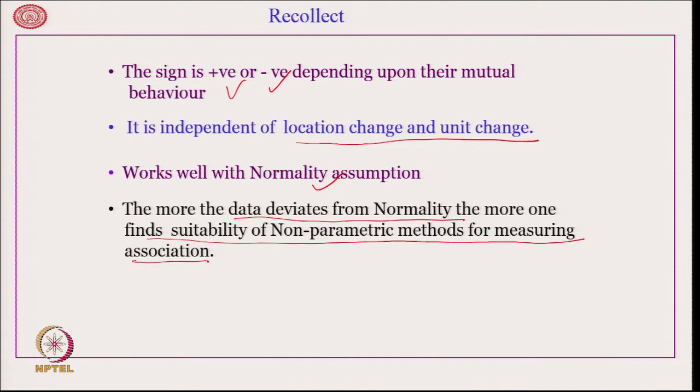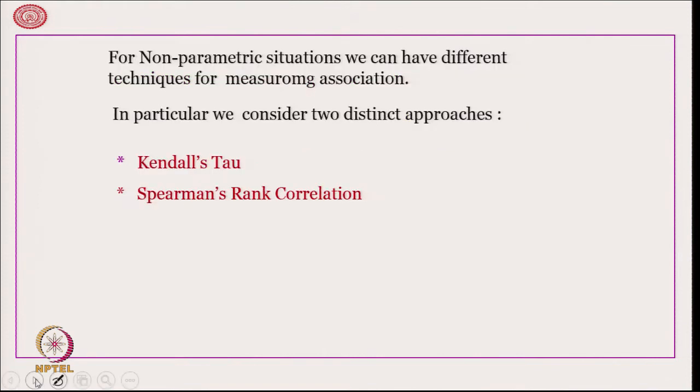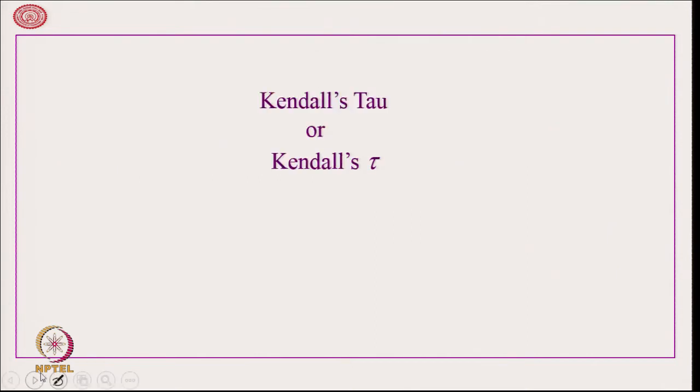That is, if the data is non-normal, then we should look at a non-parametric way of measuring their associations. So, in this class we shall study two important non-parametric tests for association. One is called Kendall's tau and the other Spearman's rank correlation. So, let us first look into Kendall's tau.